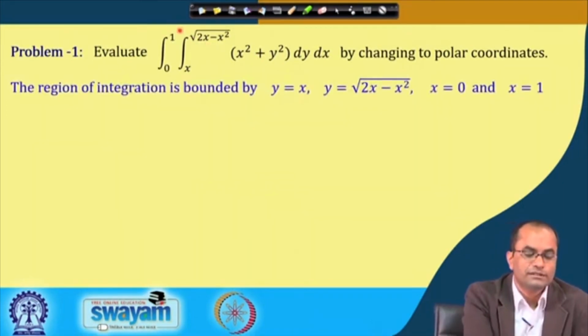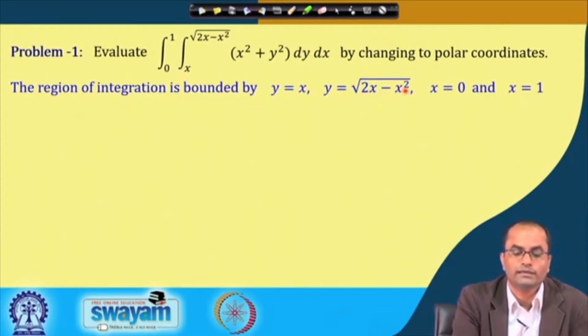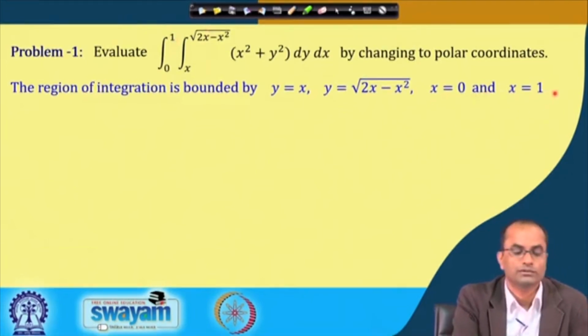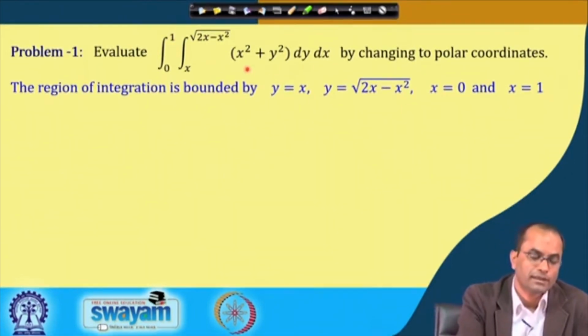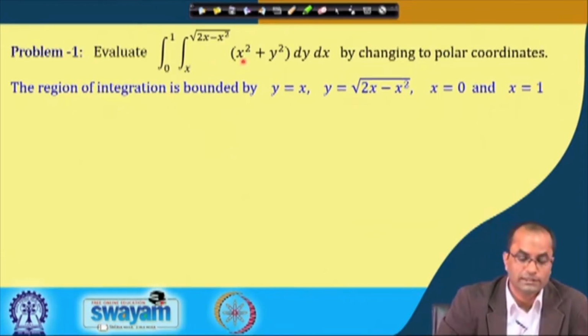So, the region of this integration is given by y is equal to x line, and y is equal to square root 2x minus x square, the upper boundary here, and then for x is equal to 0 and x is equal to 1. So, the enclosed region by these curves will give us the region of integration for this integral.